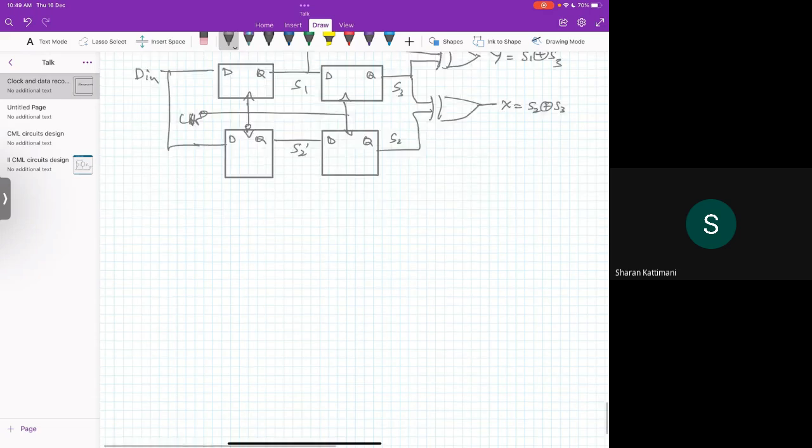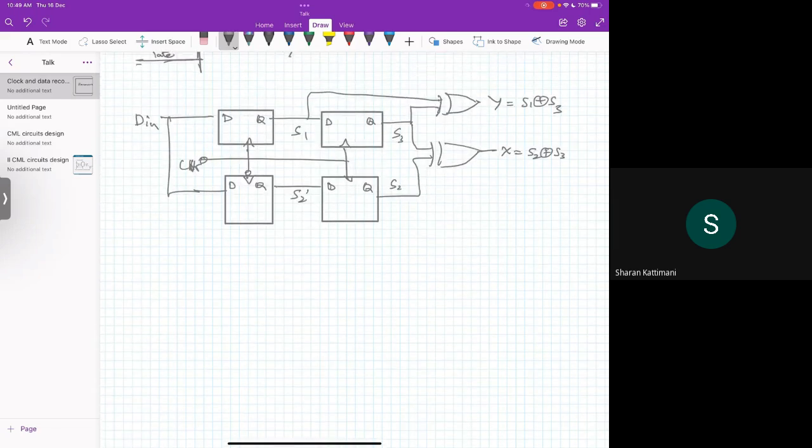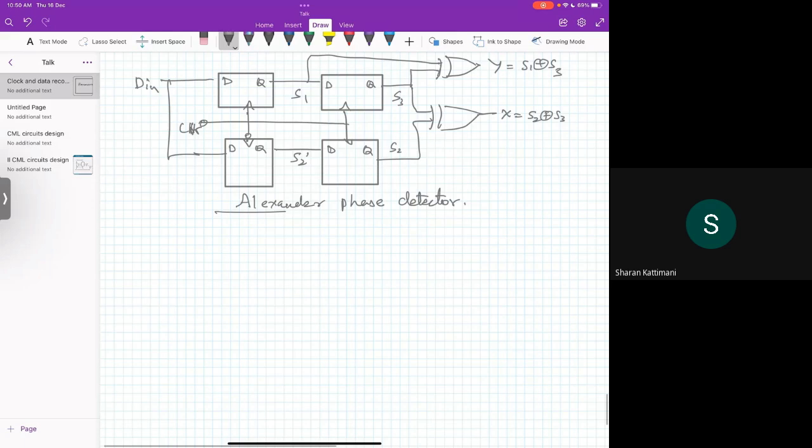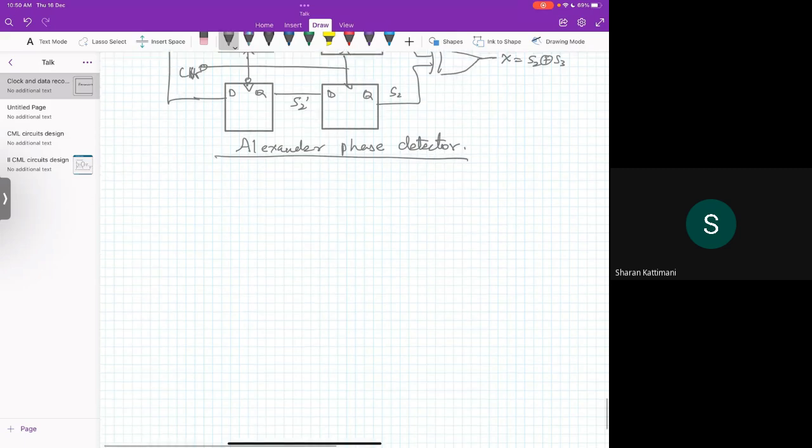Okay, so now this particular architecture is called Alexander phase detector, and also known as bang bang phase detector.